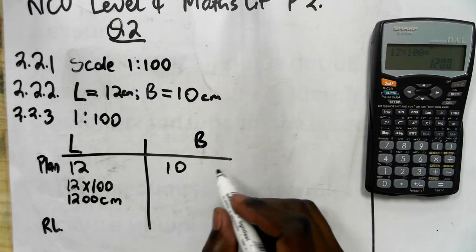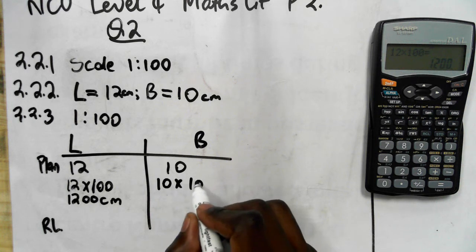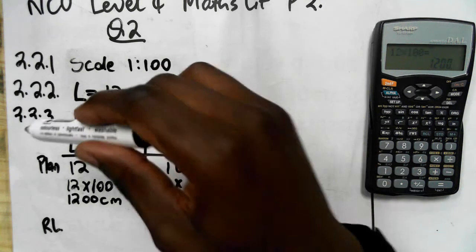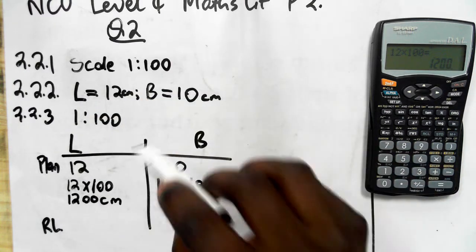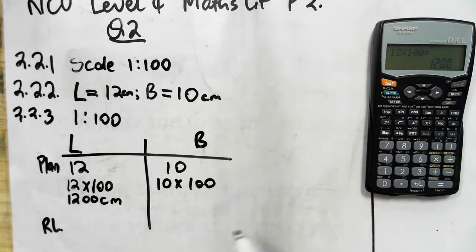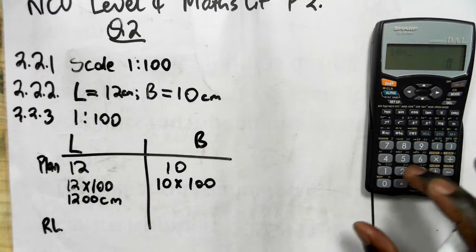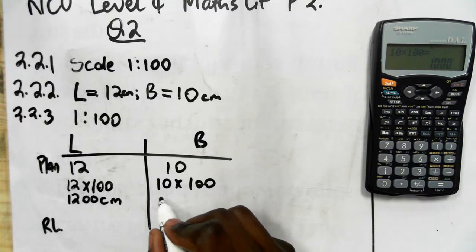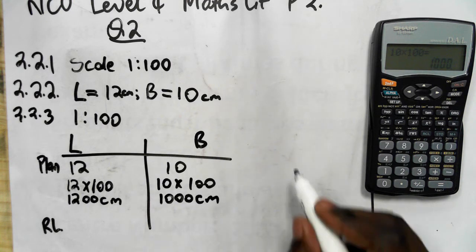Same applies with your breadth. You have 10 times 100. 10 is represented by 1, 12 is represented by 1, 100 is the actual, because you're going to real life now, you must times by 100. So let's go back to our calculator. 10 times 100 gives you 1,000 centimeters. Now, ladies and gentlemen, you might need to have a background of this.